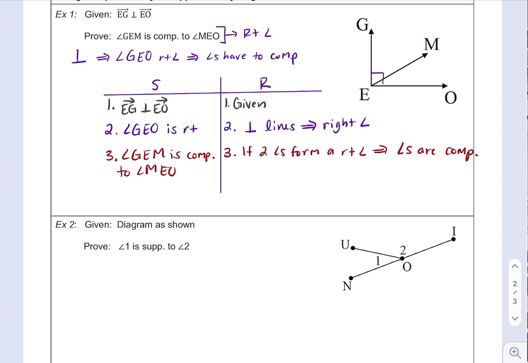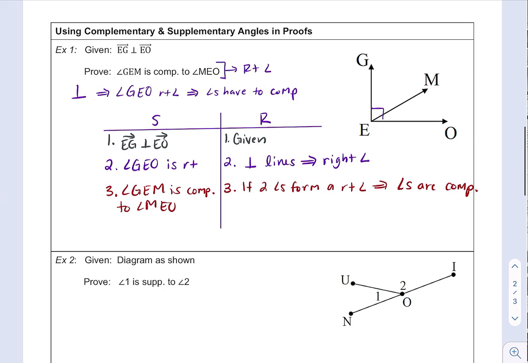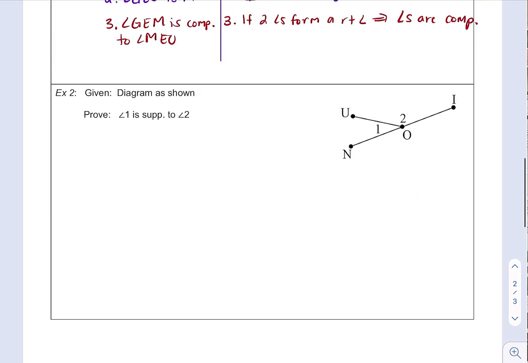So if two angles form a right angle, the angles are complementary to each other. So there we go. We've now proved, given two perpendicular segments, that we have two complementary angles. So let's go ahead and look at the same thing with example 2.